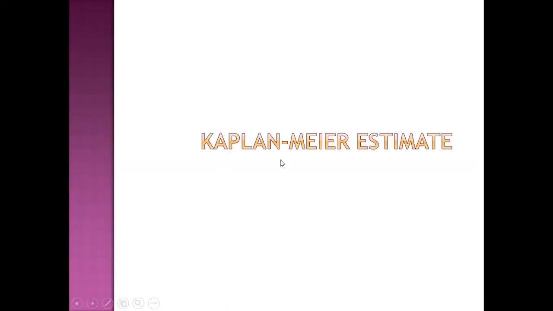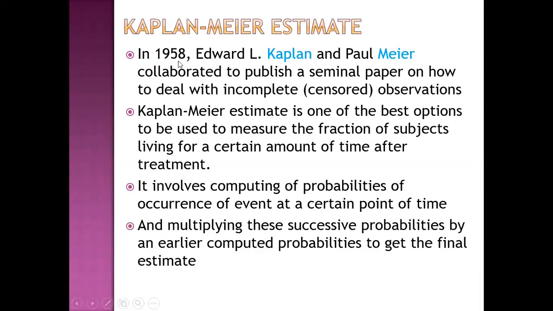Then Kaplan Meier's estimate. In 1958, Edward L. Kaplan and Paul Meier collaborated to publish a paper on how to deal with censored observations, as we have seen with right censored data.